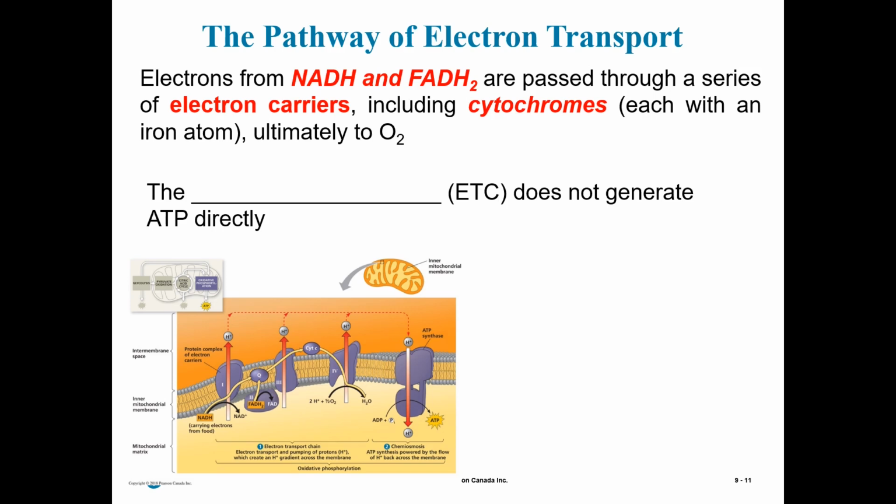I want you to remember that, as we said before, as you're watching the video, this NADH and FADH pass to a series of electron carriers. In this case, it will be all these complexes, including the cytochromes, and they finally, at the end, go here.